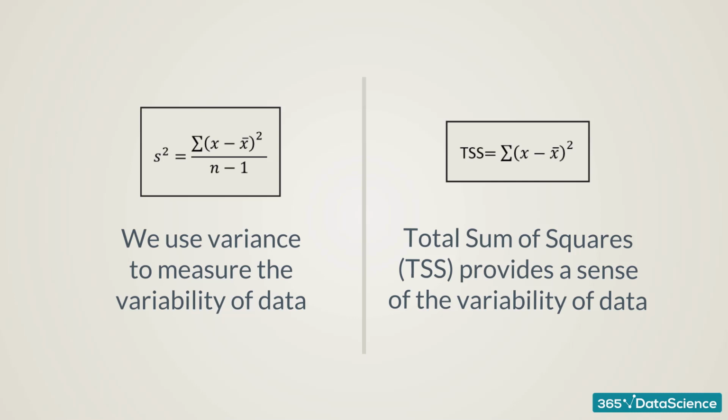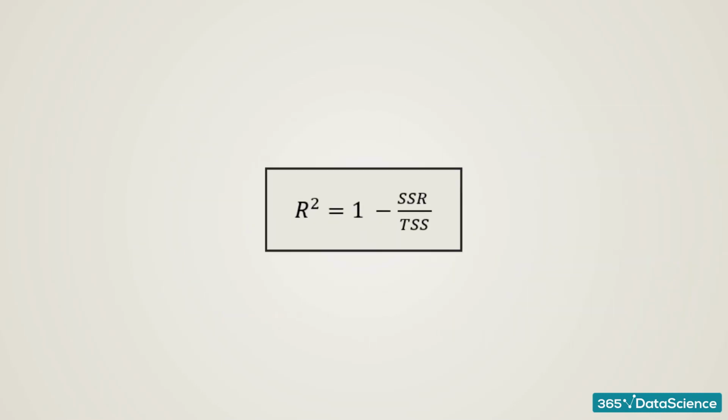The formula for the variance is the same, but n-1 is omitted. We've already calculated the sum of the squared residuals to obtain the regression coefficients. Therefore, we can obtain R-square with the following formula. 1 minus SSR divided by TSS.